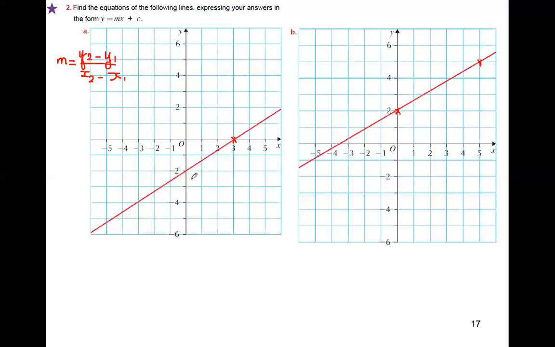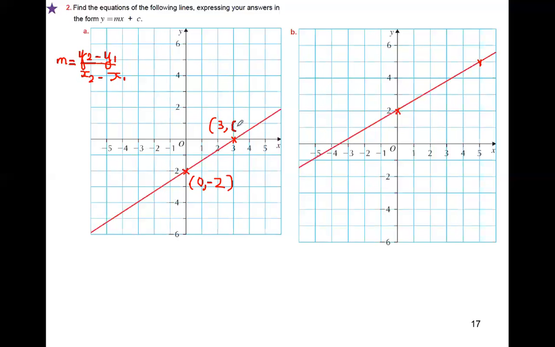So the points I'm going to pick here are the points 0 and -2, and the other point would be 3 in x when y equals 0, 3 and 0.